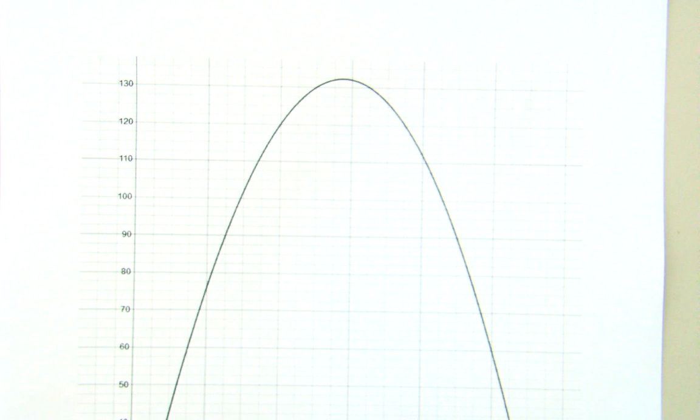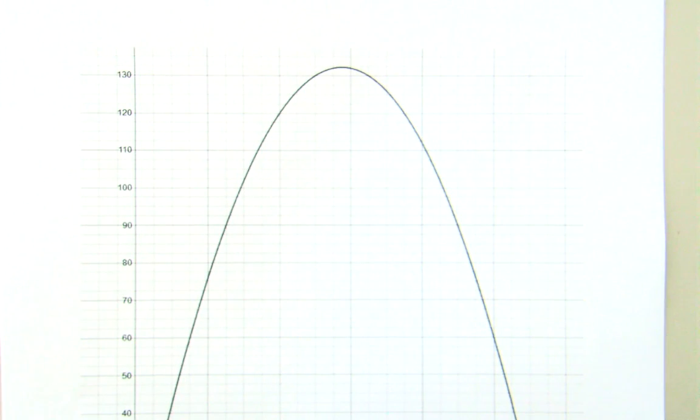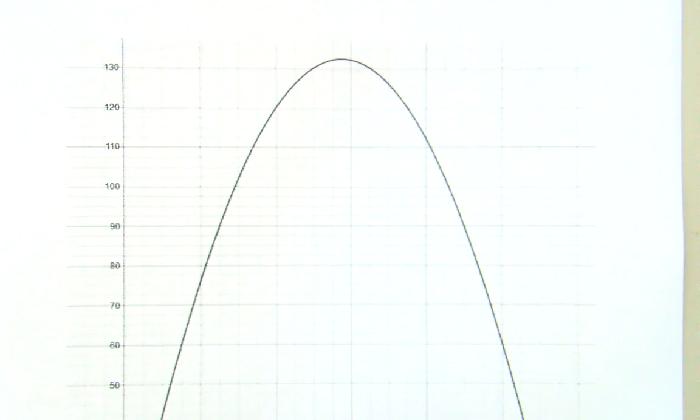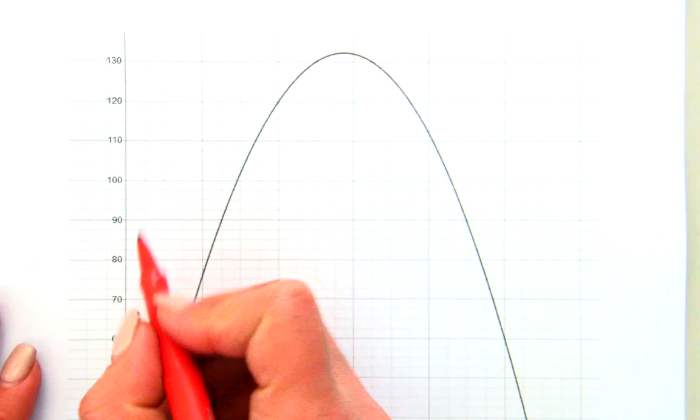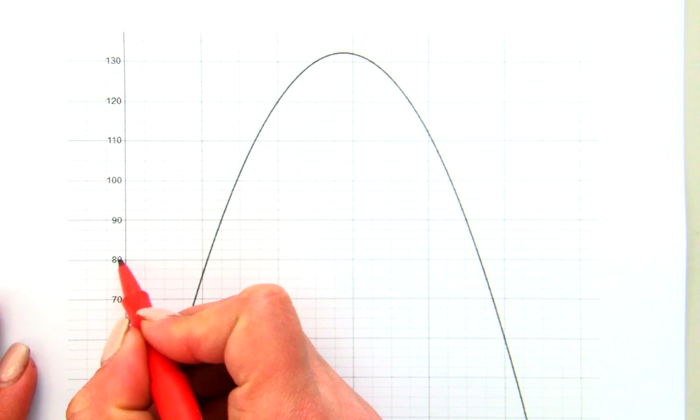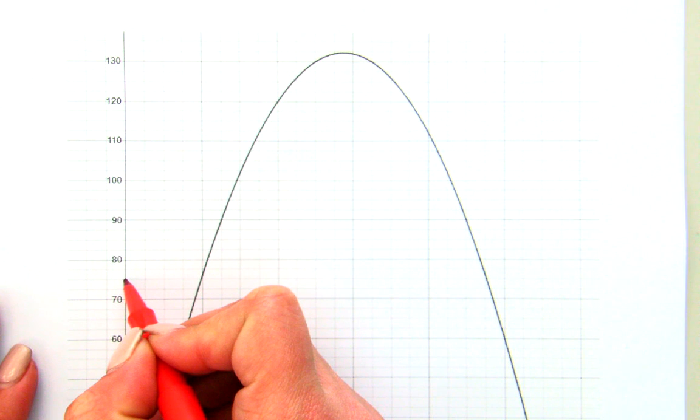And to finish it off, here is the rocket function on Desmos. So I can tell you right now that it's going to be at 76 feet. So 2, 4, 6, no, 75.